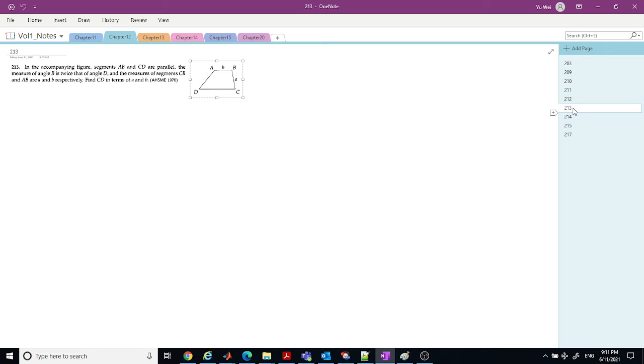And the next problem is 213. So we have a trapezoid, and AB and CD are parallel.